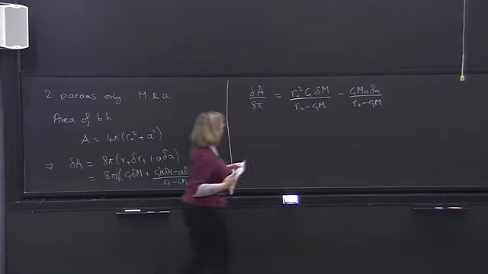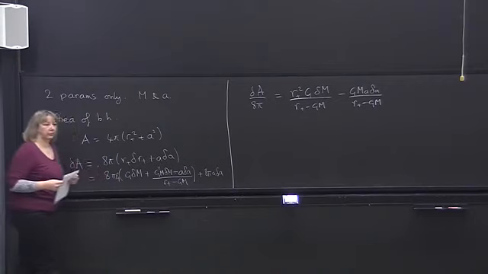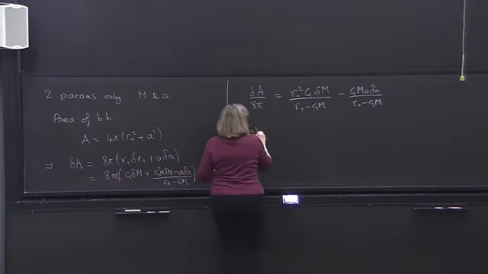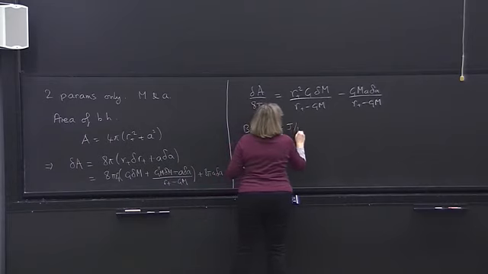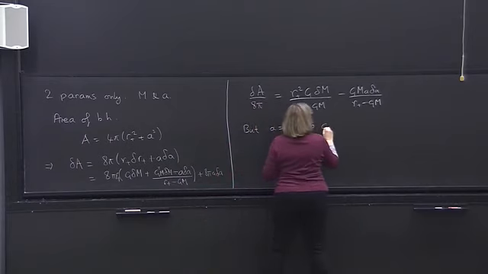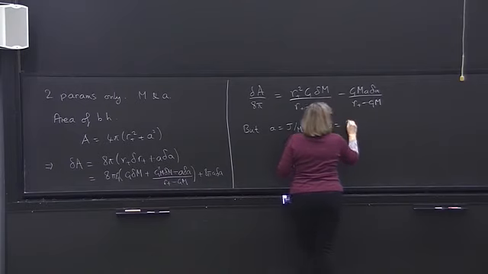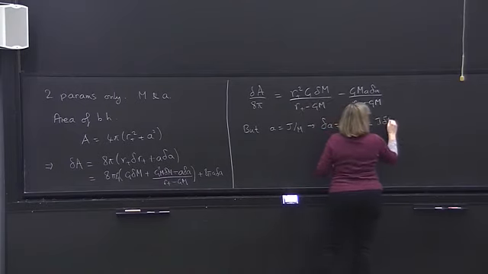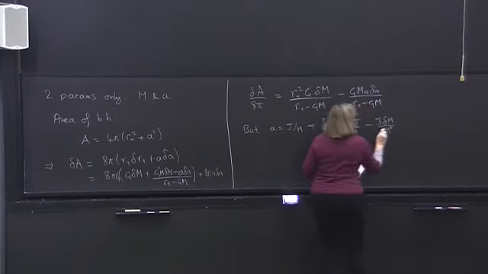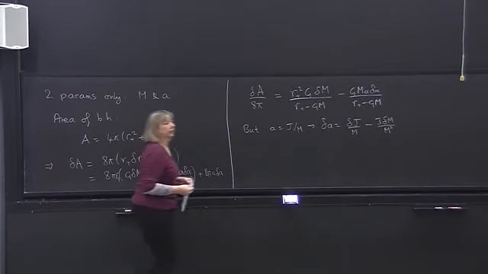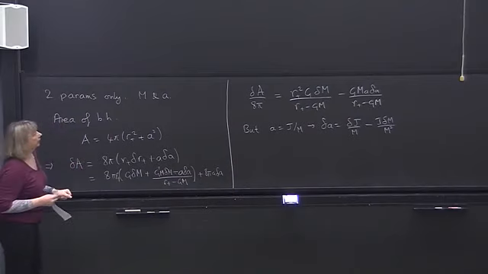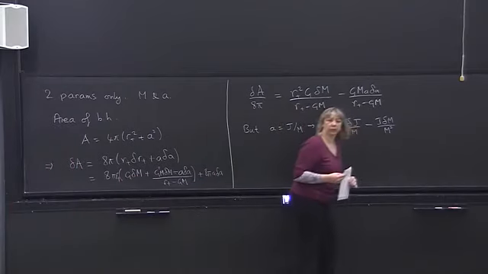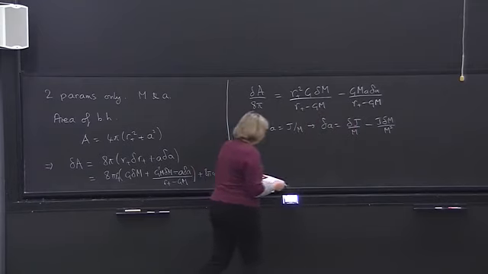This is my expression that tells me how the area of the event horizon changes. But, of course, A is J over M. So delta A is delta J over M minus J delta M over M squared. So I really want to look at things involving changes in real angular momentum here.